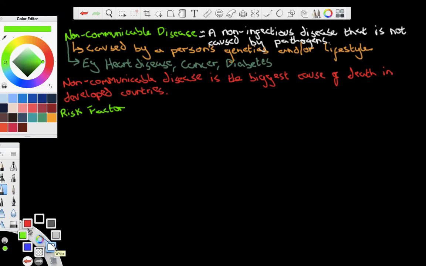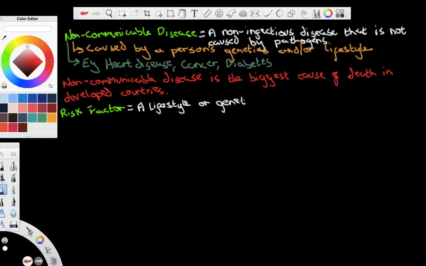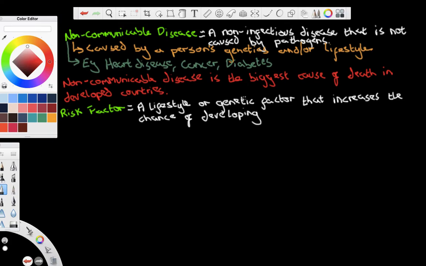Now, a risk factor is defined as a lifestyle or genetic factor that increases the chance of developing a disease.